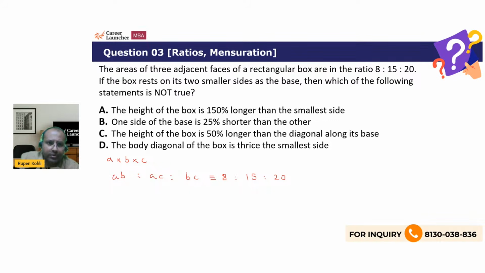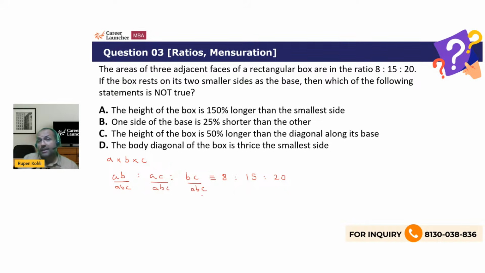So what I'll do, on the left hand side, ab is to ac is to bc, I will divide this by abc. So I'm just dividing this throughout with abc. That does not alter the ratio, right?